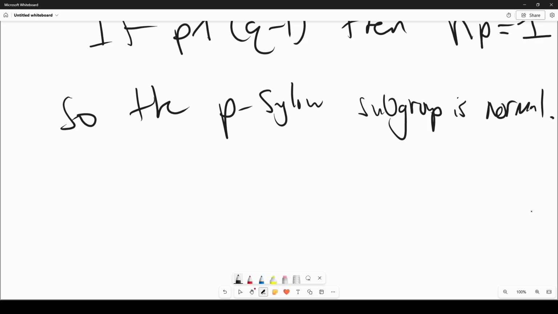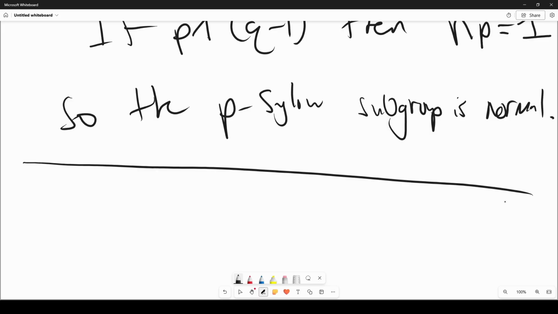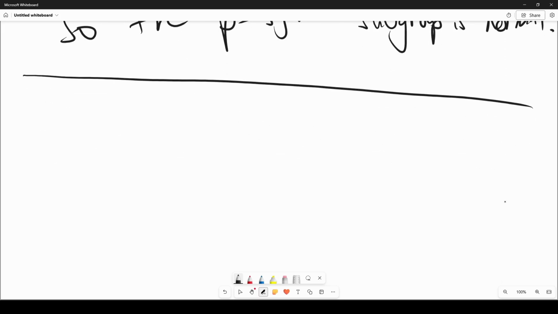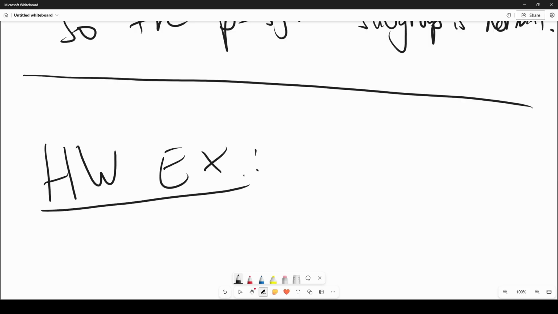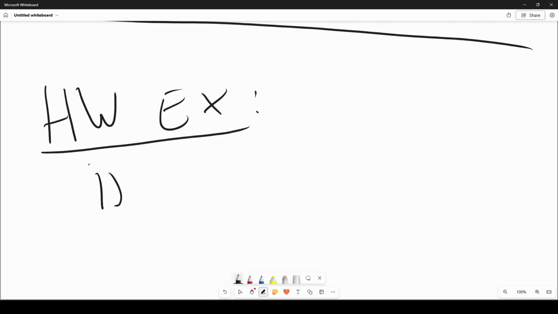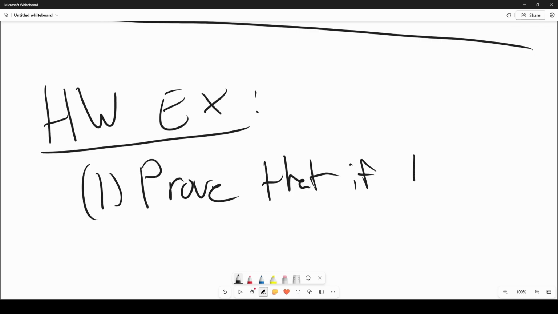So now that you've gotten some practice, let's give you some homework examples. The first one is to prove that if the order of G equals 105, then G is not simple.